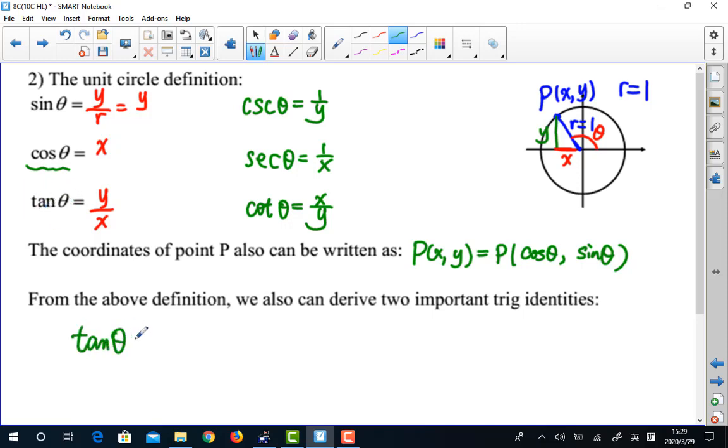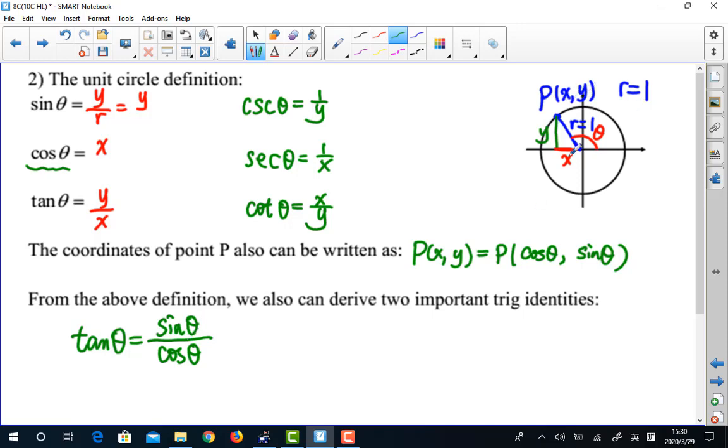Tangent theta equals y over x. But based on the unit circle definition, this y is the same as sine theta, and this x is just cosine theta. So the first trig identity we can derive from this unit circle definition is tangent theta equals sine theta over cosine theta.